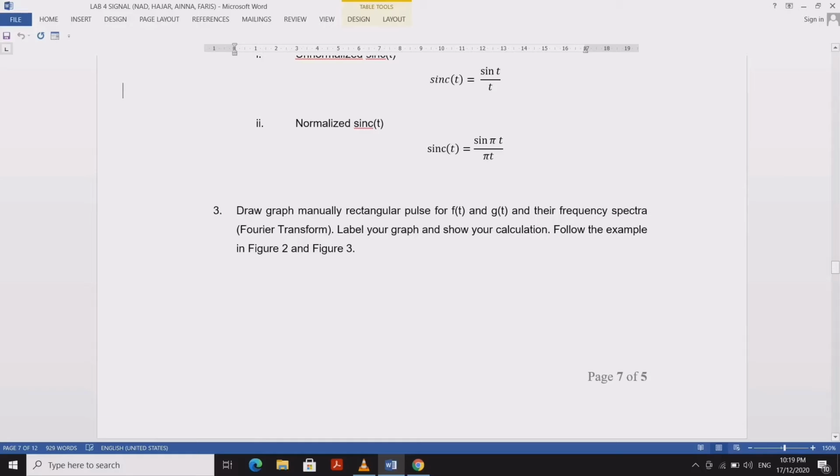My task is question number 3. Draw graphs manually for f(t) and g(t) and their frequency spectra. Label your graph and show your calculation. Follow the example in figure 2 and figure 3.